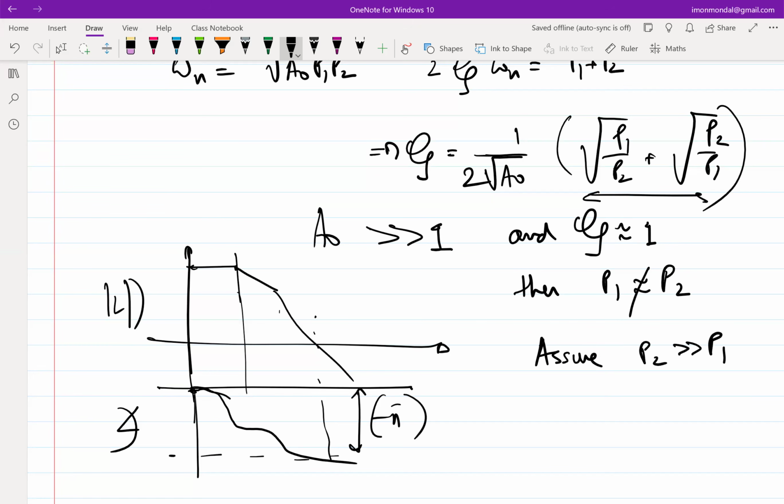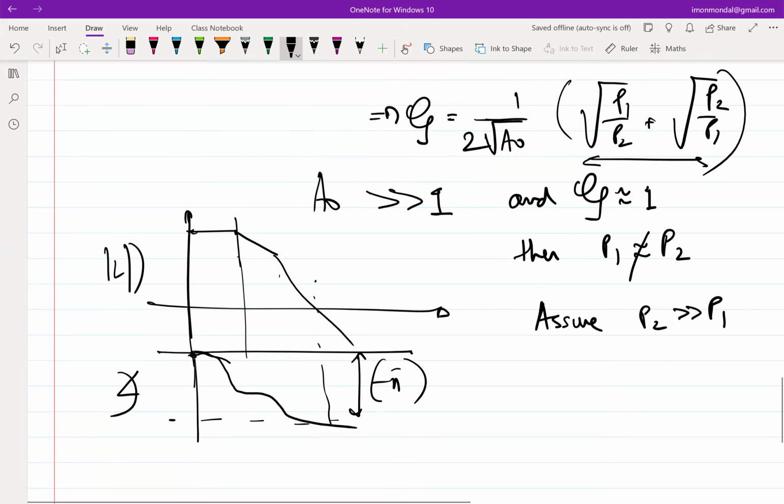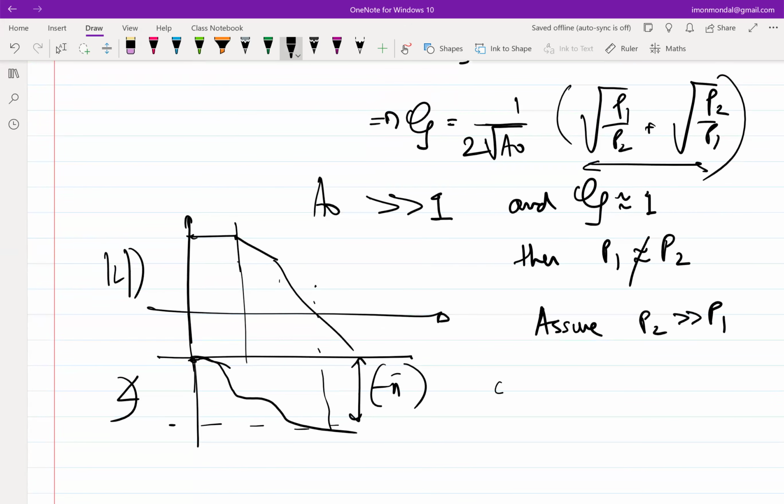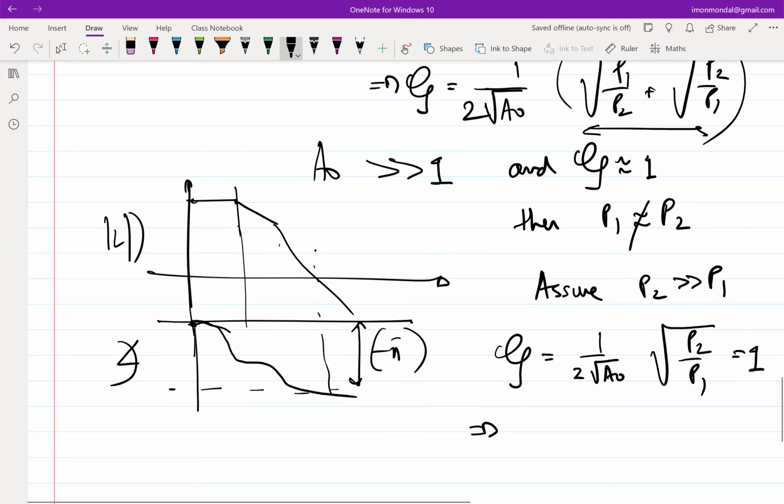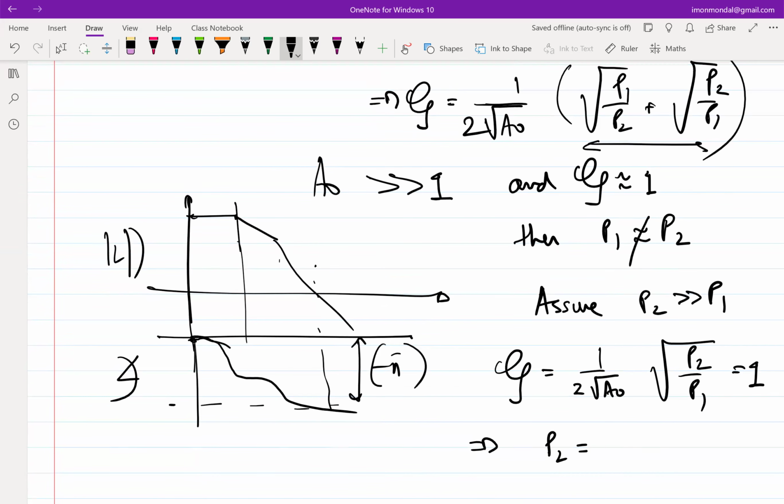You can assume the other way around, there is no difference. If P2 is much greater than P1, then zeta is equal to 1 by 2 under root A0 times P2 over P1. And here, if zeta has to be equal to 1, then P2 becomes 4 times A0 times P1.